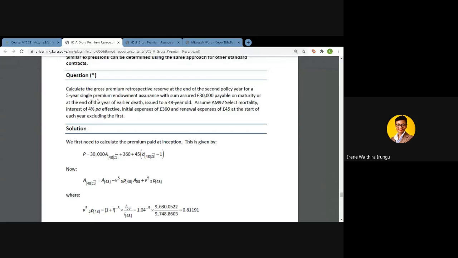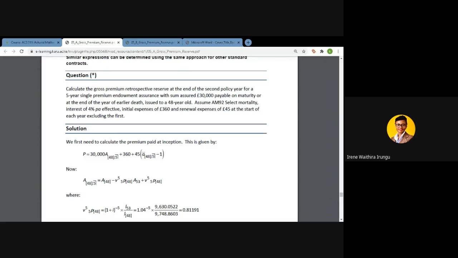So in that case, the P here will not have it as, let's say, P a-due 48 select angle 5. No, because it is a one-off payment which will be made at the start of the contract. So its present value will simply be P because it's only being paid once, and it is being paid once at the beginning of the contract. So we'll have that as simply P.